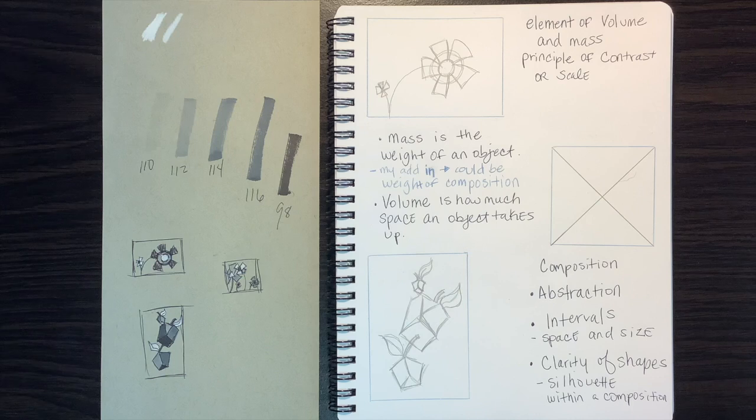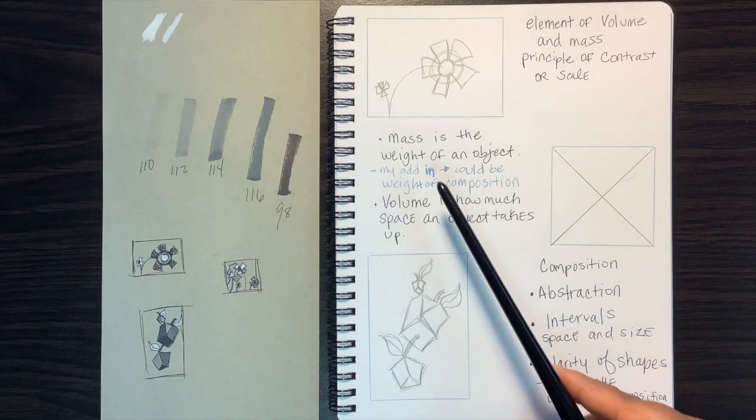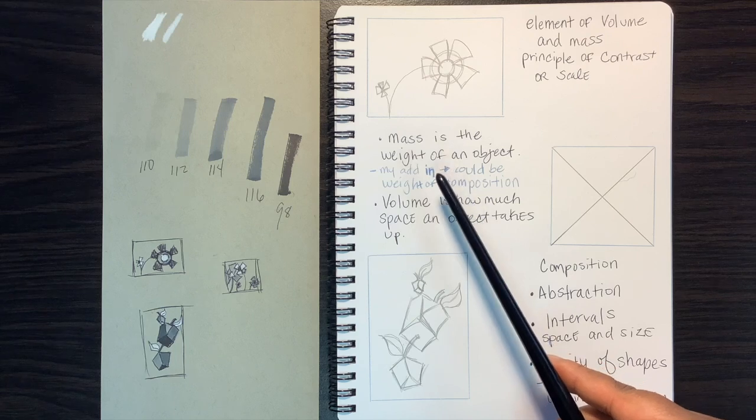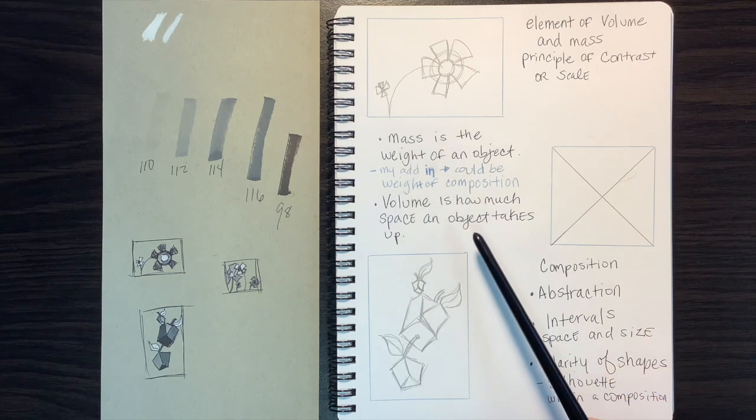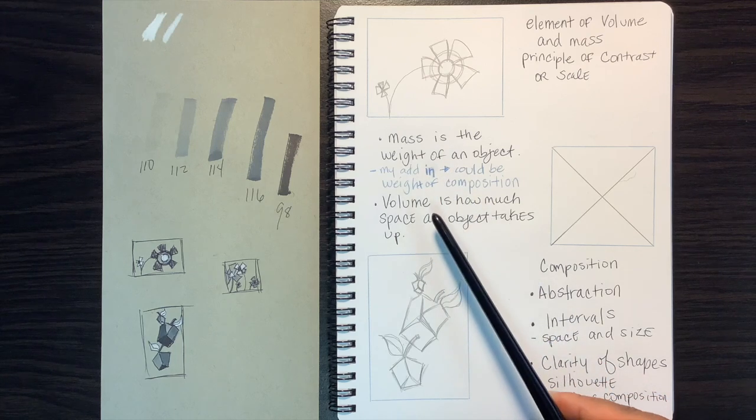All right, I do definitely want to talk about the elements of art, volume and mass. The quickest and easiest definition that I always try to give my students is that mass is pretty much weight, and volume is how much an object is taking up space, so it deals with space.